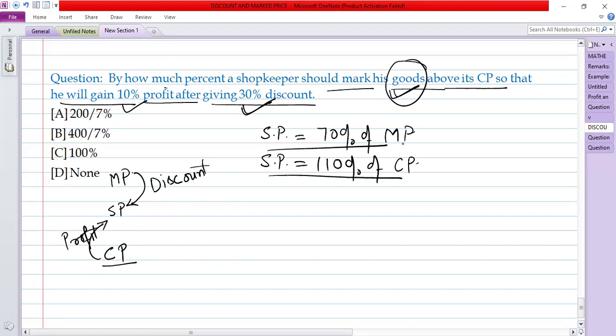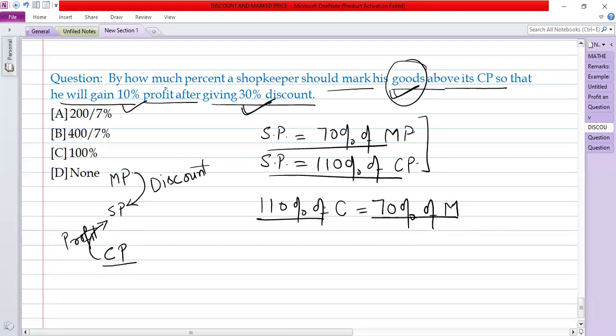So once again, 110% of C is 70% of M. So 110% of C must be equal to 70% of M. What is C? It is the cost price, and M is the marked price. Because both are nothing but selling price.